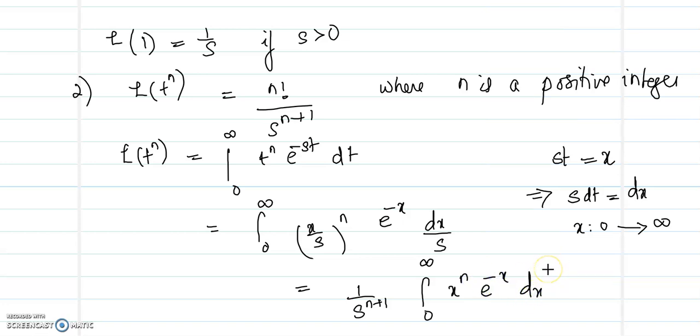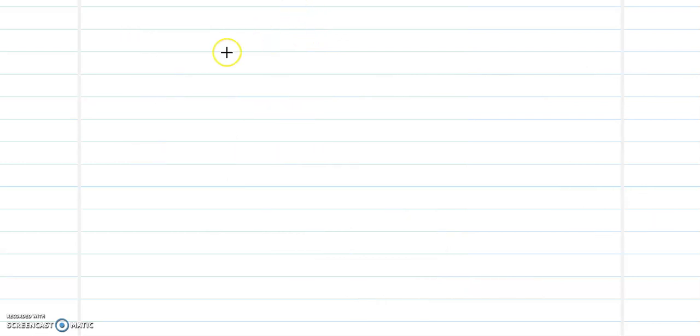Now if we look at this integral, integral 0 to infinity x raised to n e power minus x, that is a gamma function. So this will be equal to 1 by s raised to n plus 1. The integral is a gamma function, so the value of the integral will be gamma n plus 1.